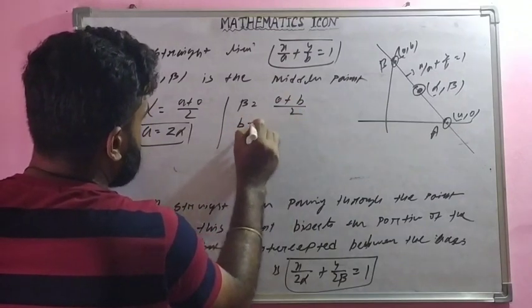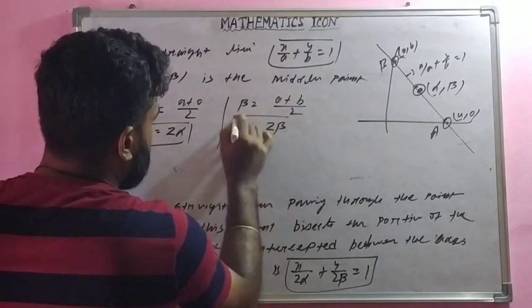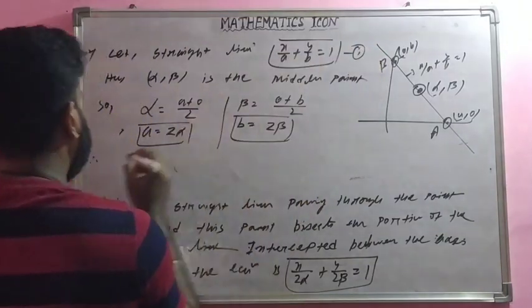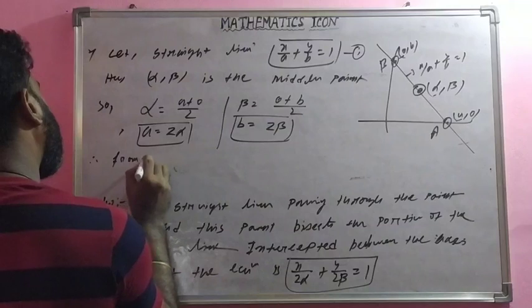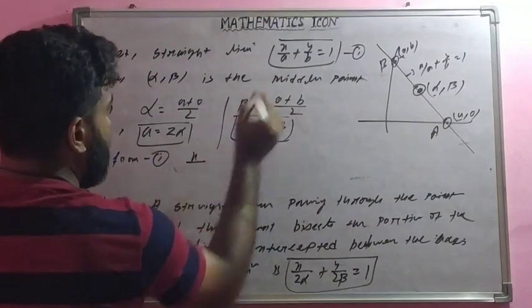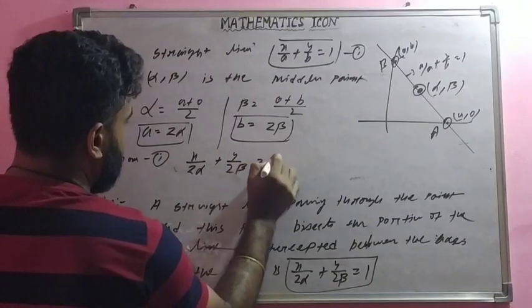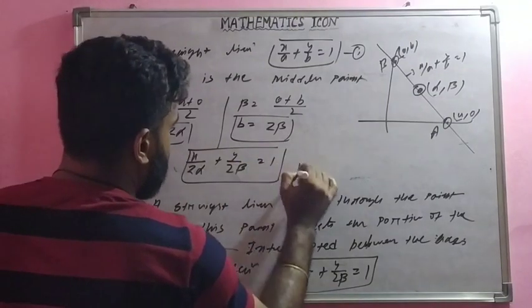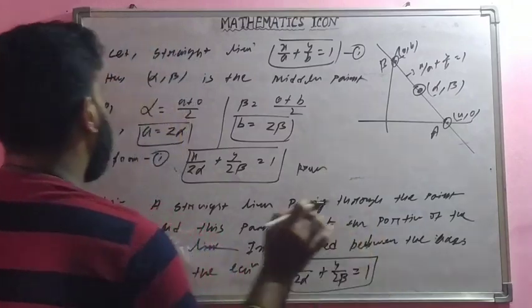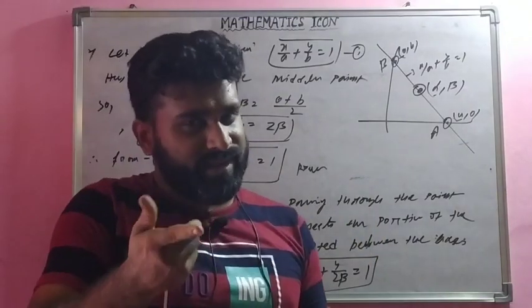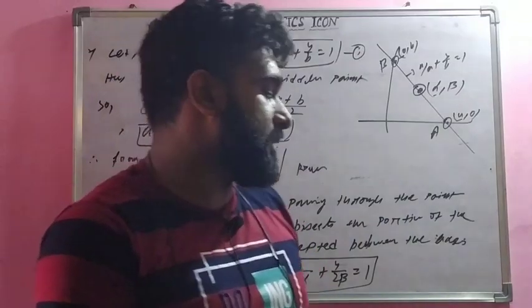That means b equals to twice beta. लिख सकते हैं ऐसे. So from ये इसको इक्वेशन नंबर 1 दे दो. From 1, x by a के जगह twice alpha, y by twice beta equals to 1. ये है ना प्रूफ, यही तो प्रूफ करना था शायद. x by twice alpha plus y by twice beta equals to 1. थोड़ा डिफरेंस है, थोड़ा ट्विस्ट करके दे दिया क्वेश्चन को.